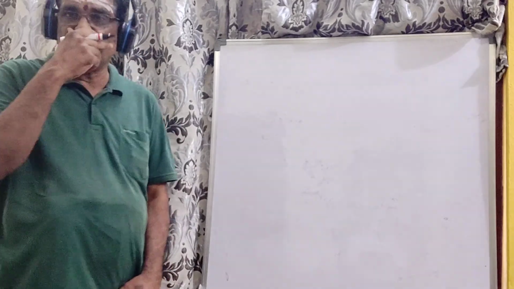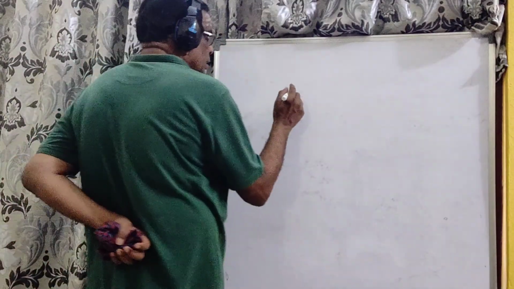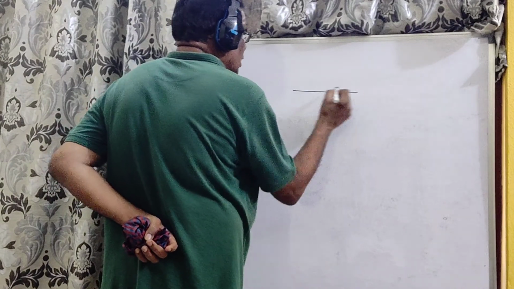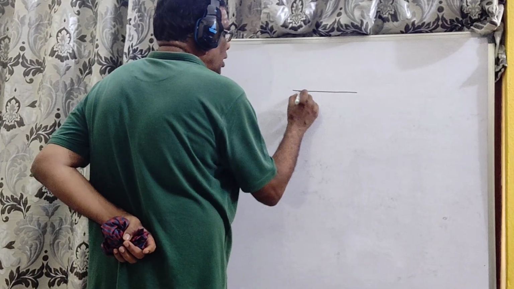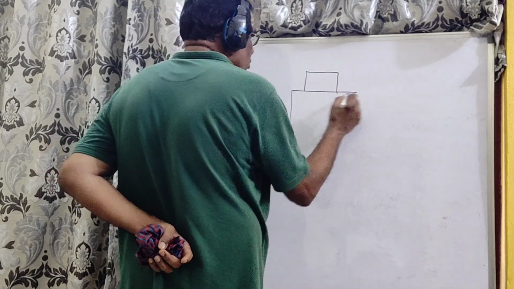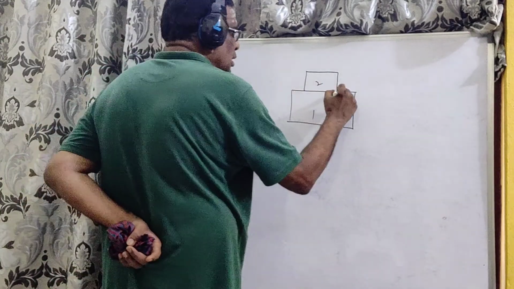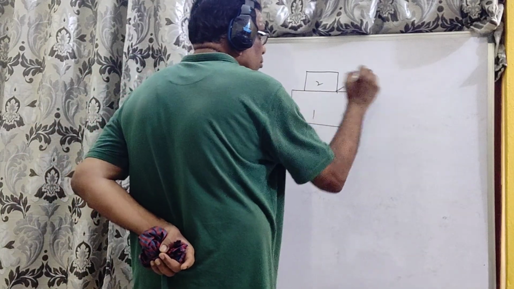I told you on what factors this is different, but now one very important thing. For example, here is a body, okay? There is another body, okay? Two bodies, 1 and 2. So this is a rough surface.